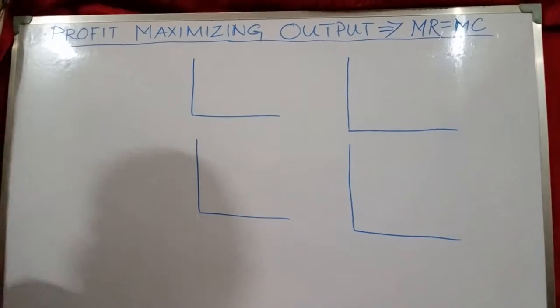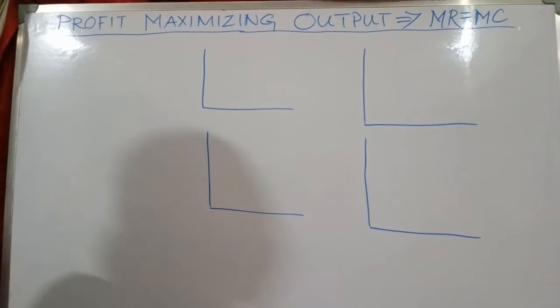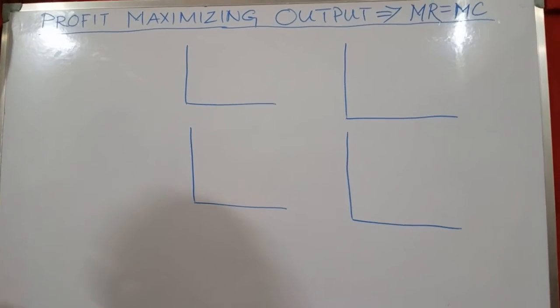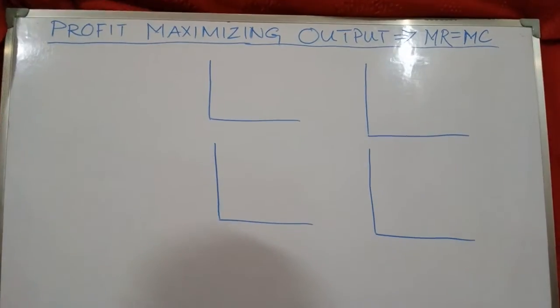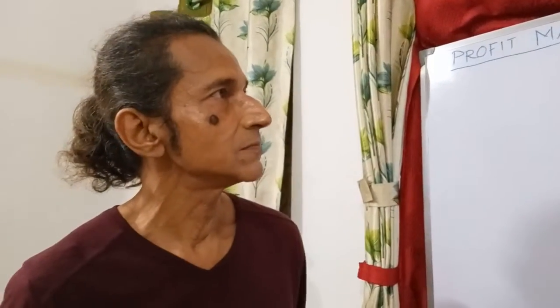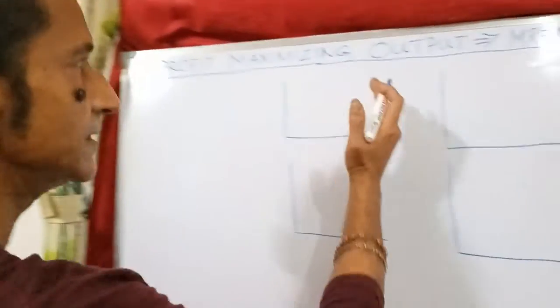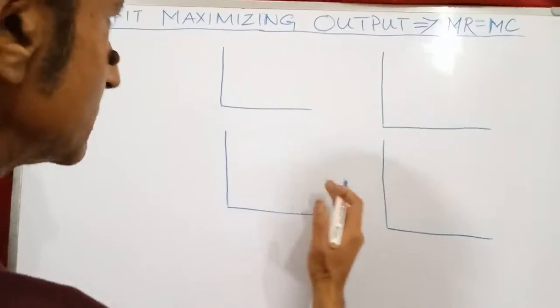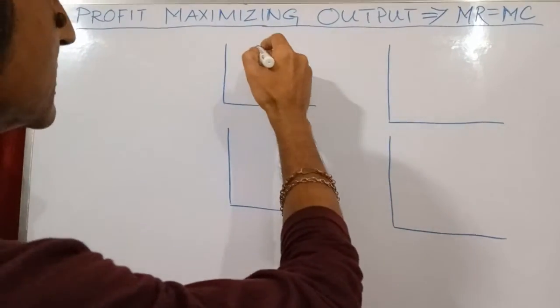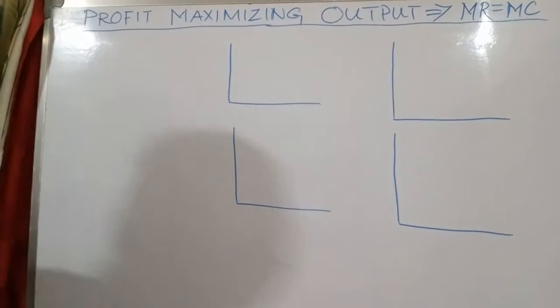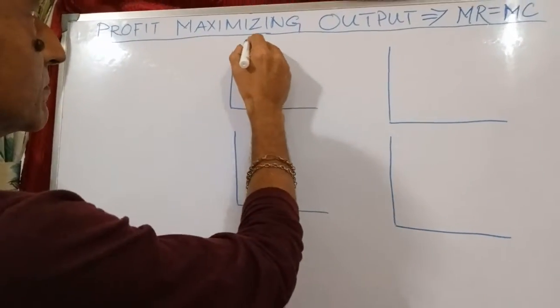Now the condition that MR will be equal to MC to determine the output where the firm can maximize profit is applicable in case of a perfectly competitive firm and a firm operating in an imperfect market. Right? So in this section of both diagrams, here we are drawing the MR, MC and total revenue and total cost of a perfectly competitive firm.